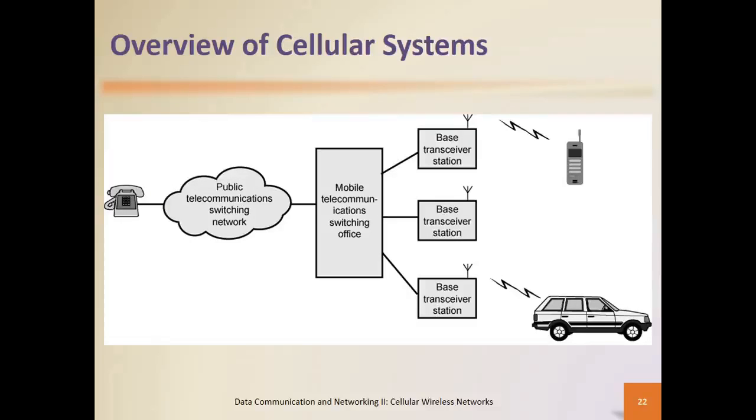Assuming you want to make an international call from a cell over here, the call needs to be routed from your base station to your MTSO. If your MTSO realizes that the number you're trying to reach is not within its control, it hands it off to the public telecommunication switching network, your PTSN.